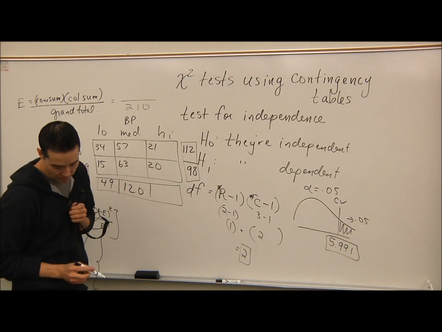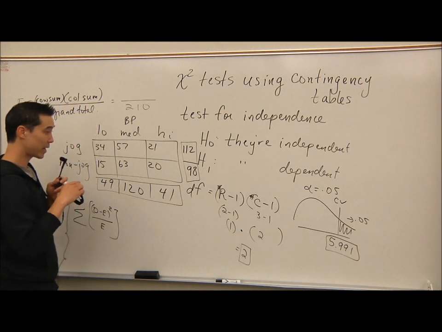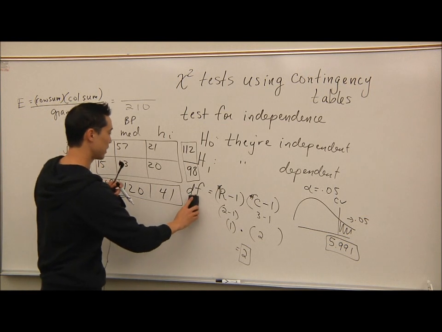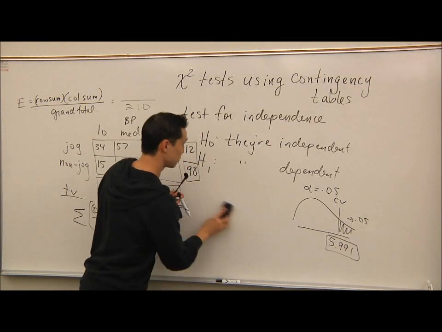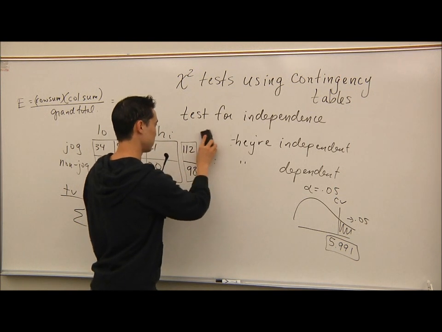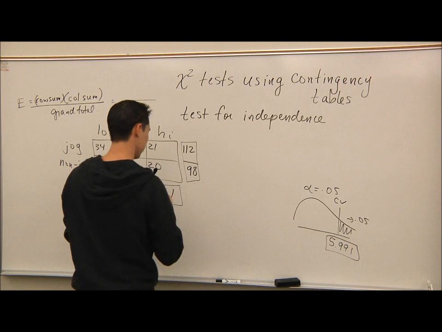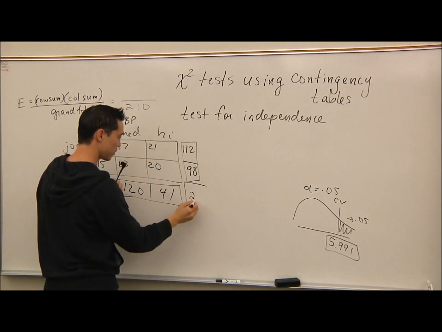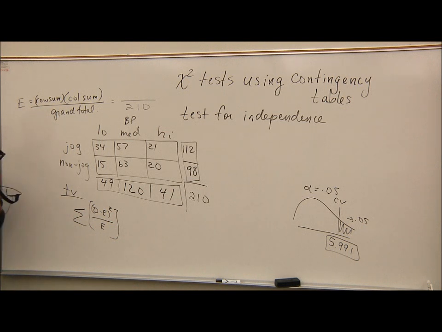And the third column added up to 41. And again, the grand sum was 210. So if you want, you can put that here as well, 210. Okay, so we have some work to do.